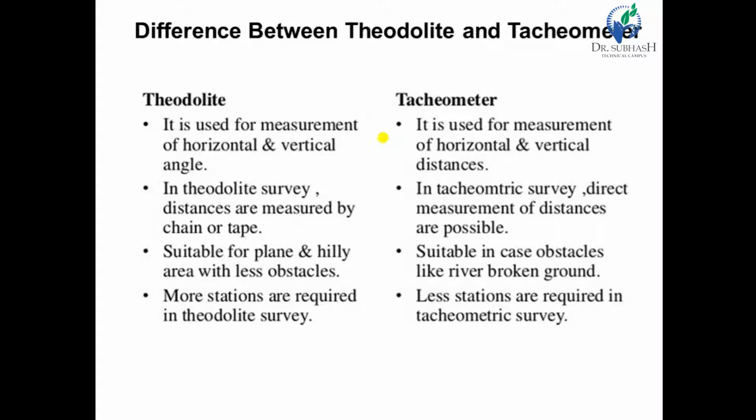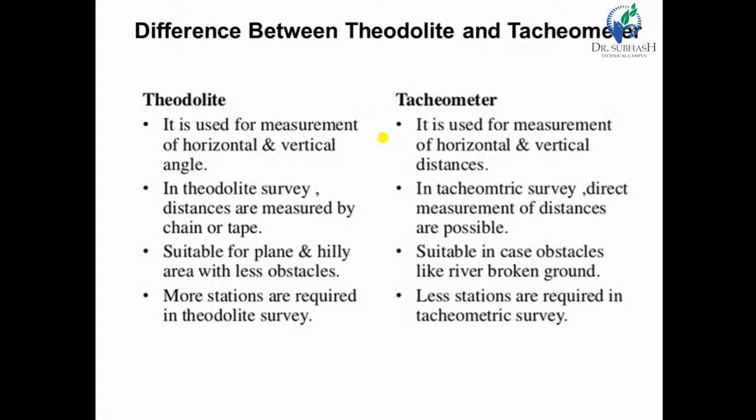In theodolite survey, distances are measured by chain or tape, but in tachyometry survey, direct measurement of distances is possible. The theodolite is suitable for plain or open areas with fewer obstacles, but the tachyometer is suitable for broken ground and areas with more obstacles.